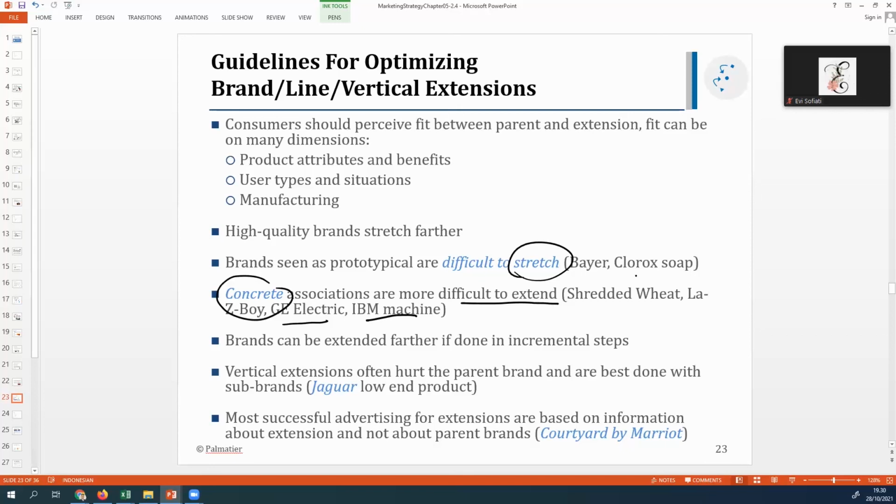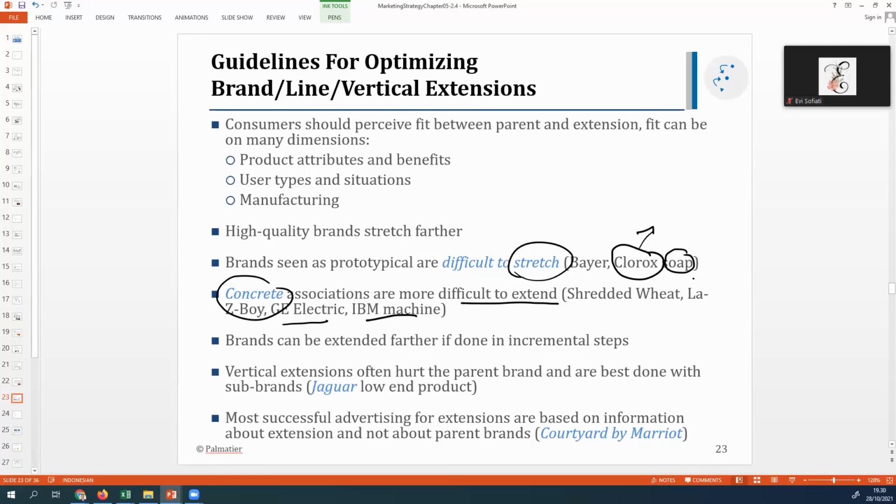When we have a product of Clorox, this is like Rinso, yeah, Clorox, something that is a very sharp product of rinse detergents, and then you develop a soap, yeah, a soap which is for the skin, for the face.